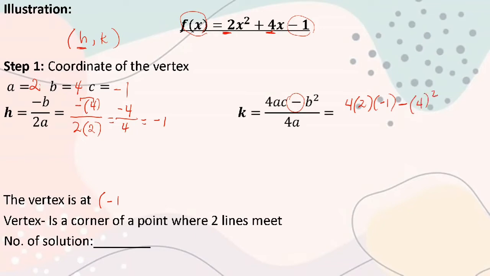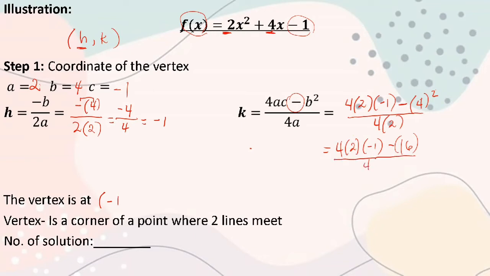Then, solve first the exponent. Pero dito muna tayo sa denominator. So, yung 4 natin and then a is 2. So, solve the exponent first. So, 4 times 2 times negative 1 minus 4 squared is positive 16. And the next, copy lang muna natin yung denominator na 4 times 2.